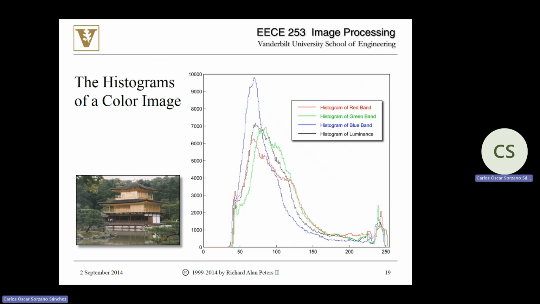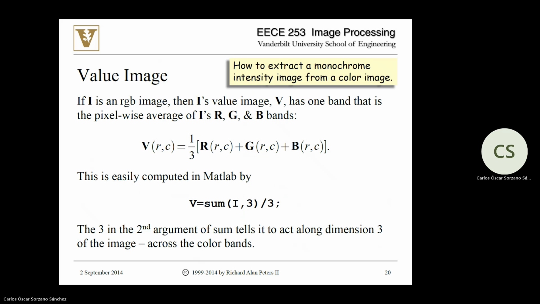We haven't defined the luminance yet, but you can think of it as a black and white version, a grayscale version of the original image. Here, this is not luminance, it is called value, but it illustrates what we want.